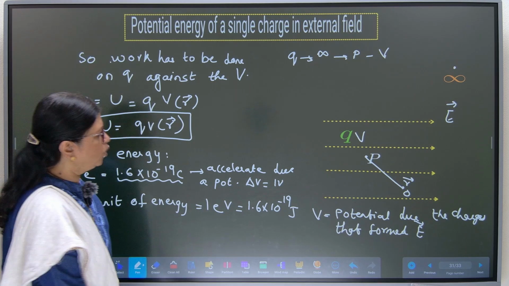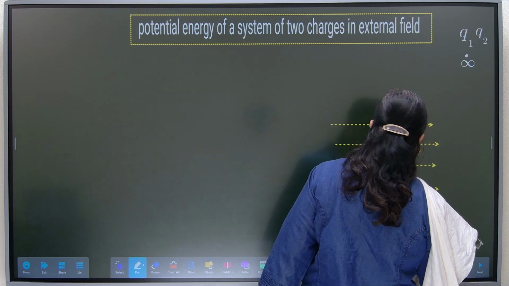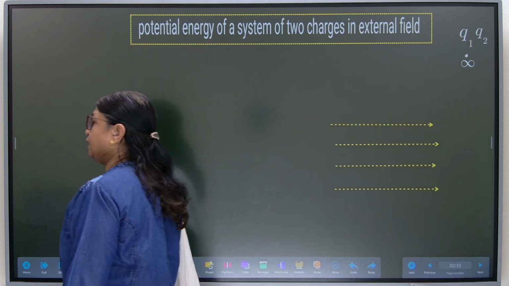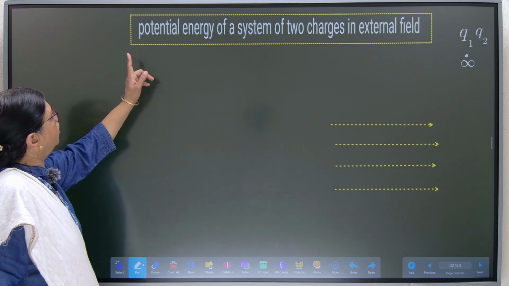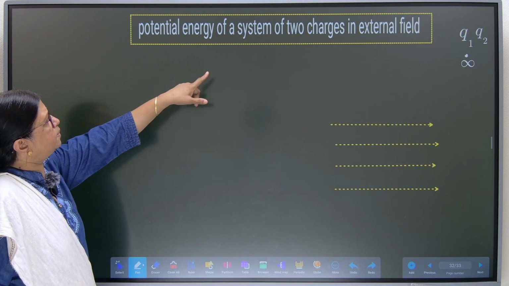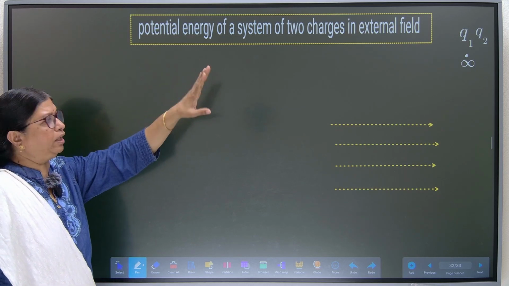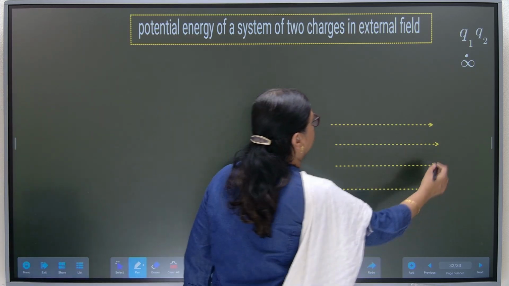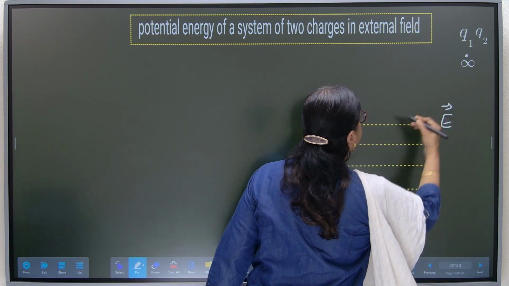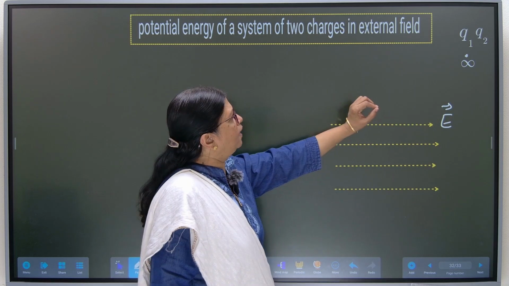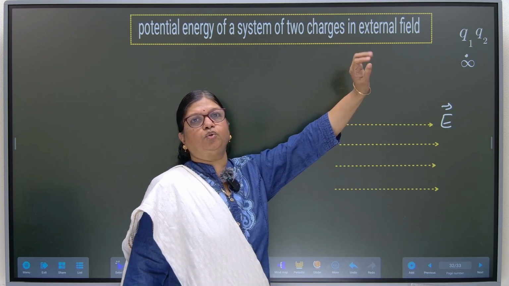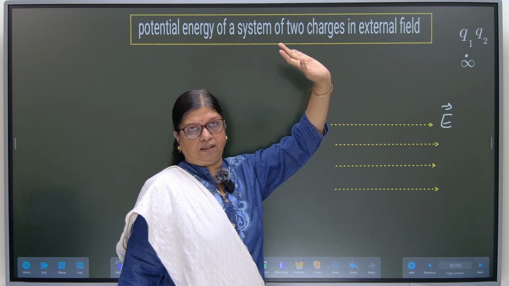So now we go to another page where we derive a formula for potential energy of a system of 2 charges in external field. As you can see, we have an external field E and we have charges Q1 and Q2 placed at infinity.